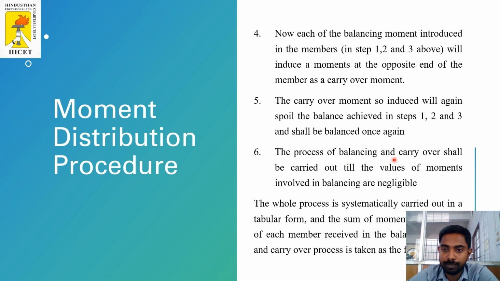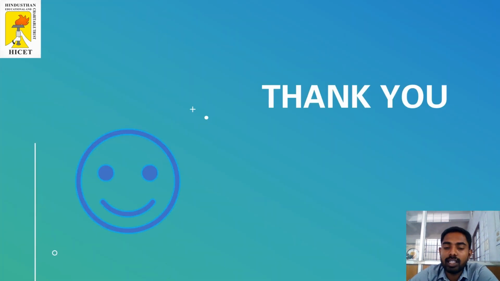This process of balancing and carryover shall be carried out till the values of the moments involved are negligible, and the whole process is systematically carried out in tabular form. The sum of moments at each end of each member received in the balancing and carryover process is taken as the final moment. I hope you understand the basic concepts of the moment distribution method.